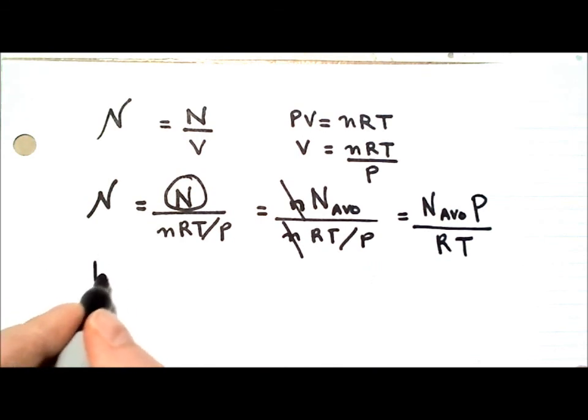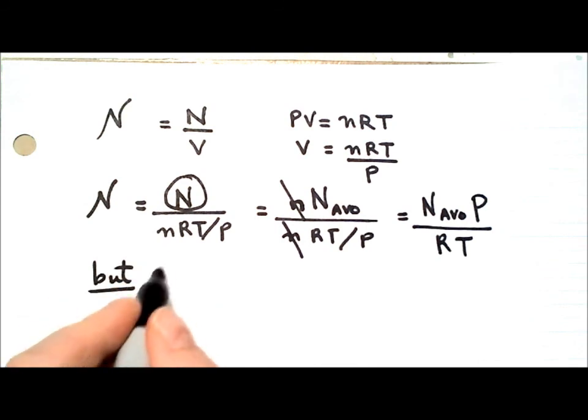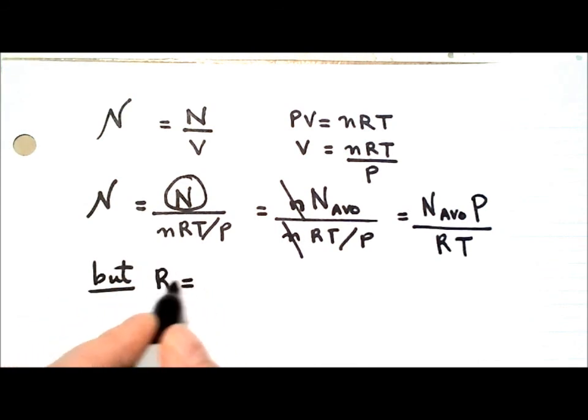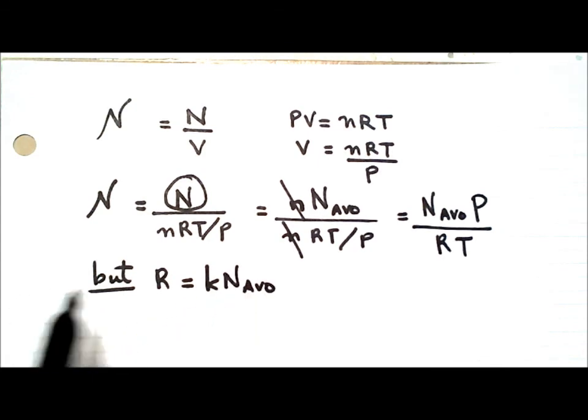Okay. Now right away I'm going to point out that I have this R value here. And R is equal to Boltzmann constant times Avogadro's number. Remember that really the gas constant R and Avogadro's number are kind of the same thing except different by scale. So this is joule per Kelvin and this is joule per Kelvin mole. That is my per mole.